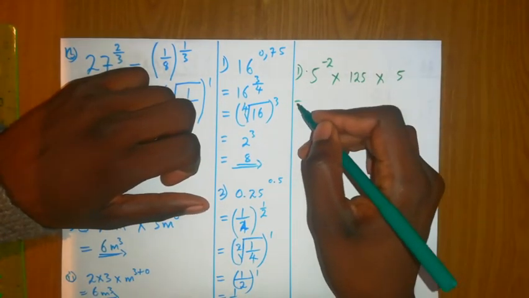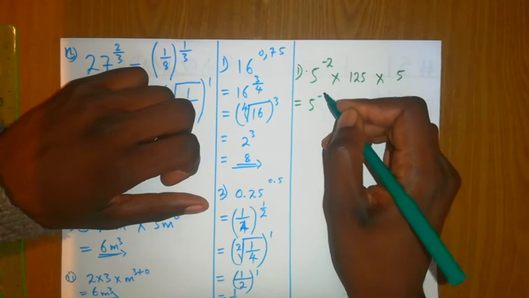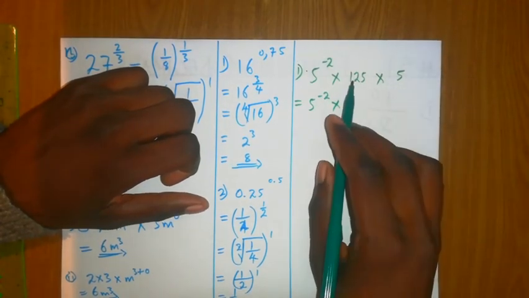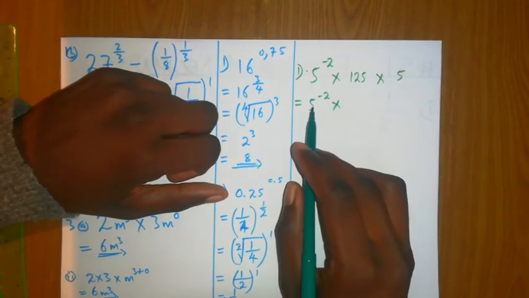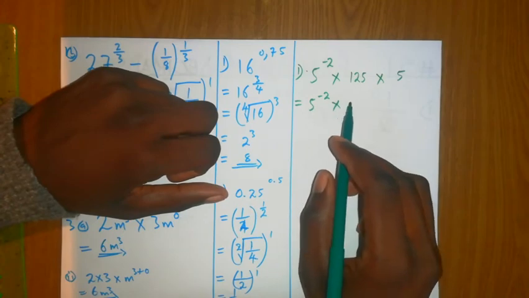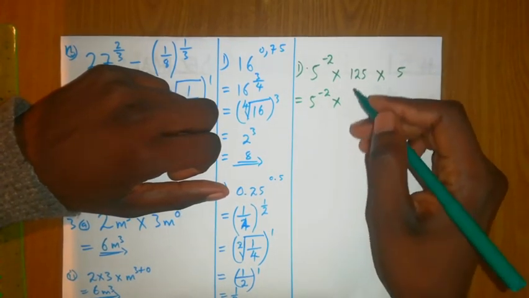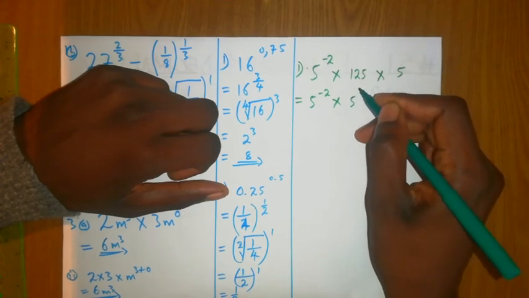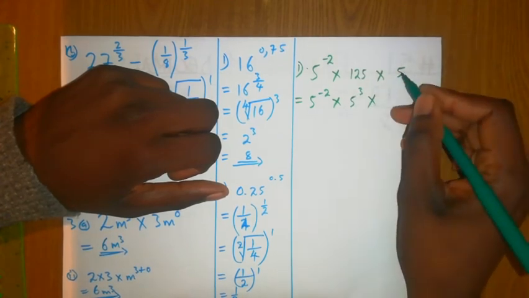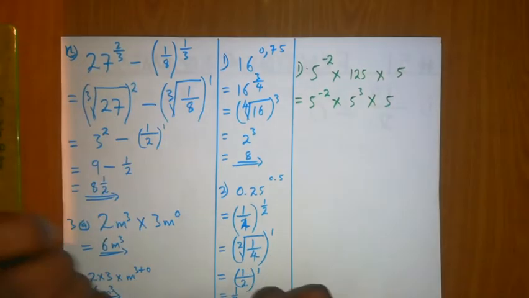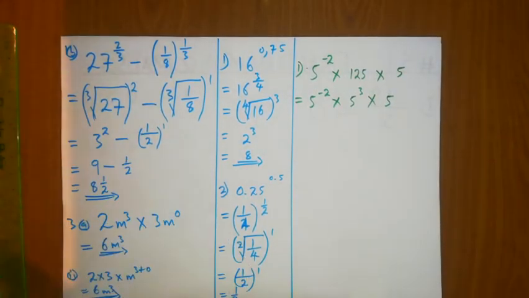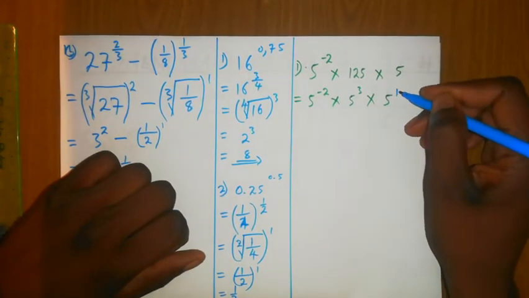So in this case, it's going to be equal to 5 to the power -2 times, then I have to convert that 125 using 5. As I said, bear in mind those concepts that I gave you as our hints. So it's going to be 5 to the power of 3, times, then that one I'm going to introduce a power that was not there, 5 to the power of 1.